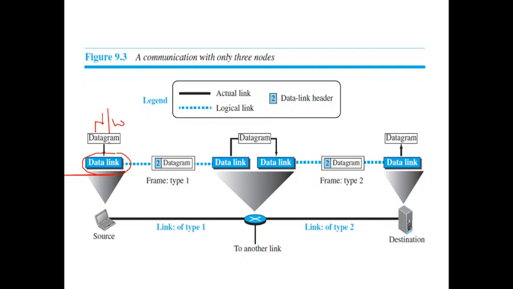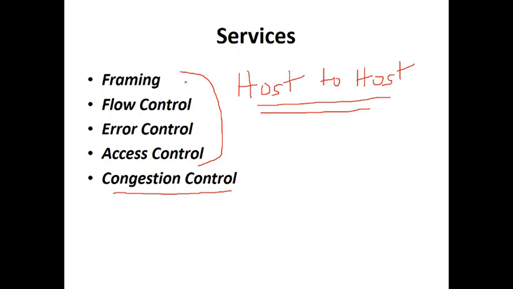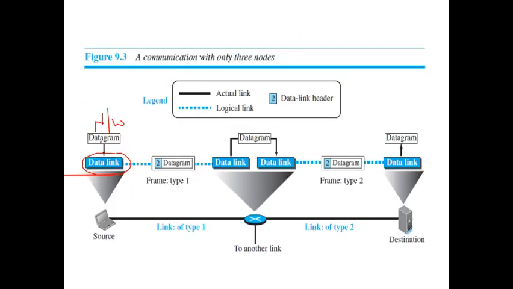So what is the service? These are the services. The first one is host to host delivery. That is, the datagram sent by the network layer will be sent to the next device or next node. Here the next node is this router.